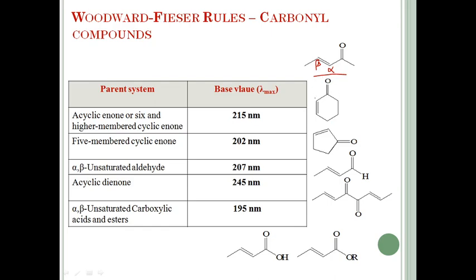For the case of cyclic enone, here we have particularly given 6-membered and higher member. That means after 6 you have 7.